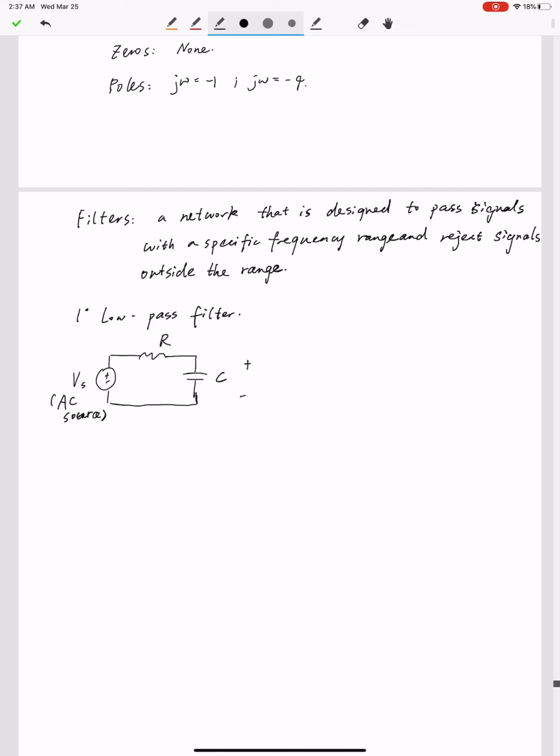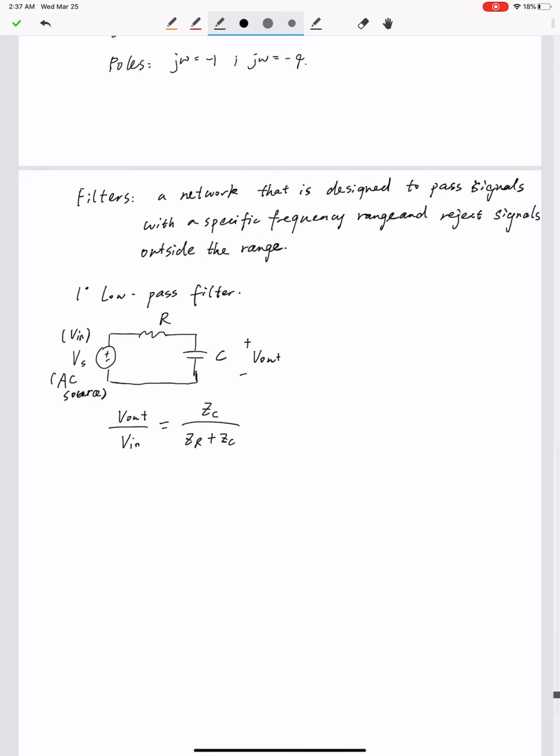And we define the output voltage as the voltage on the capacitor. Just like the example I introduced before, we can find the transfer function of this RC circuit. That will be Vout divided by Vin, which is Vs, and that equals Zc divided by Zr plus Zc, based on the voltage division law.